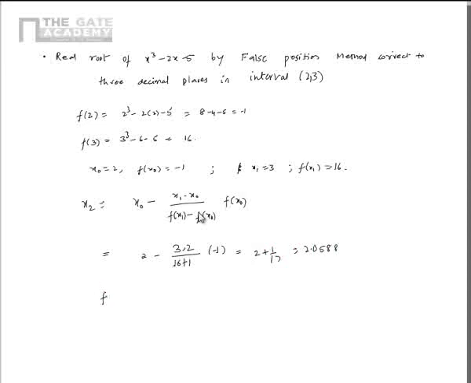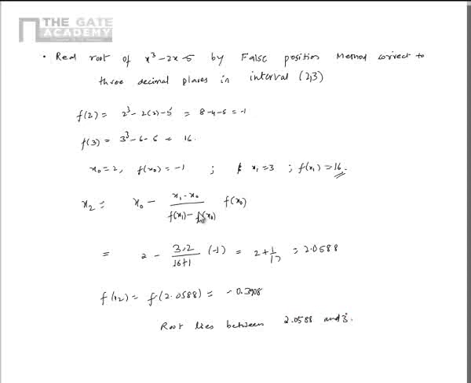Now f of x2, which is f of 2.0588, this value is minus 0.3908. So we can say that the root lies between, because this is negative and this is positive, 2.0588 and 3.